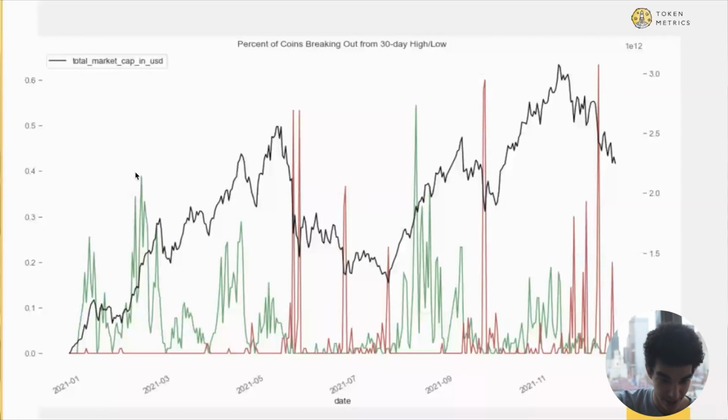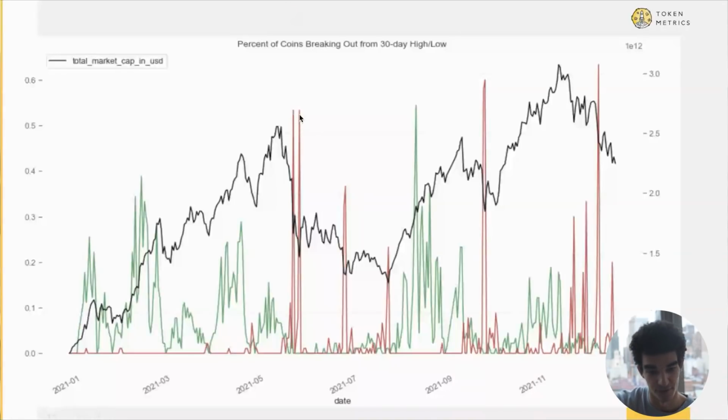And then you can start seeing, okay, here we had 40%, and then it started dropping and dropping, and here we had 30%, start dropping and dropping. So although we didn't get bearish here, we can still start feeling that, okay, the trend is slowing down, momentum is slowing down. And then in red, obviously, is the bearish phase where, on the total crypto market cap, we start having more and more coins breaking below their support, until a lot of coins break below.